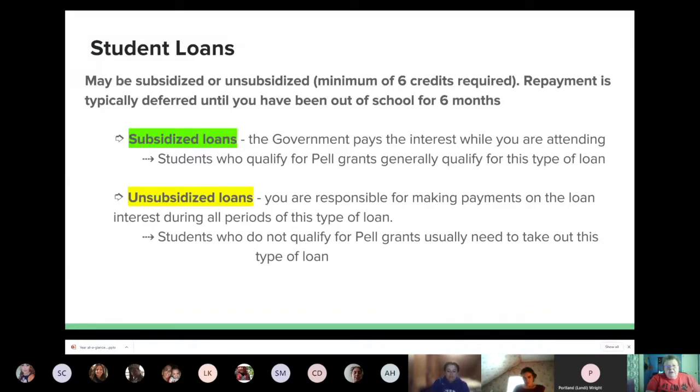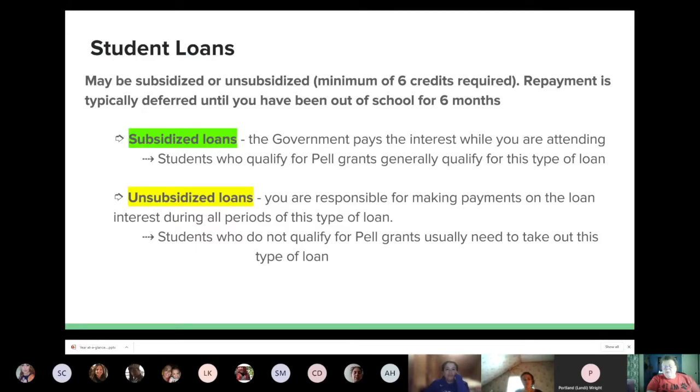Repayment is typically deferred until you have been out of school for 6 months, unless you've already started to dip into your grace period. With subsidized loans, the government pays the interest while you are attending. Students who qualify for Pell Grants generally qualify for this type of loan.